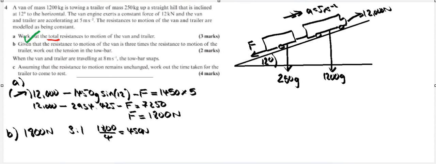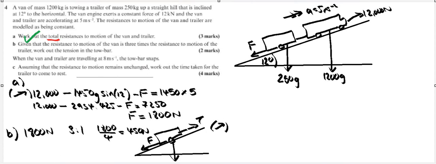So again, let's think about this in terms of a diagram. Okay, so here's my trailer being pulled by tension and being stopped by friction, and it's got its weight vector. Okay, so going up the hill, I've got T pulling it, I've got friction slowing it down, and also the weight vector.